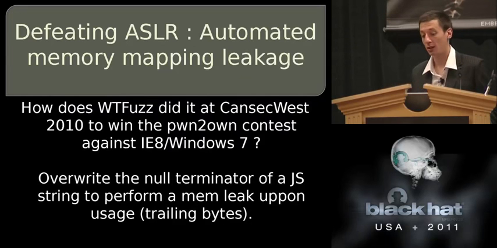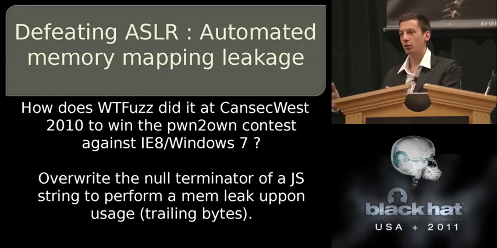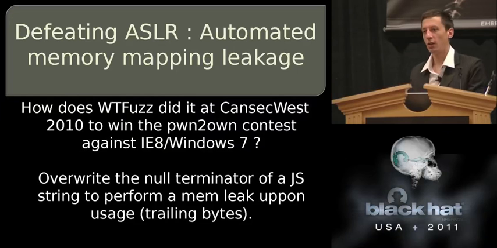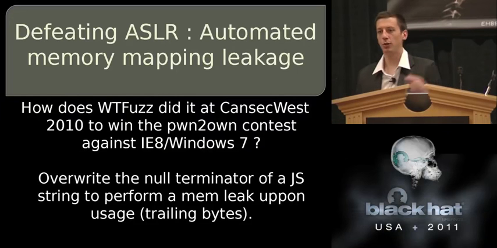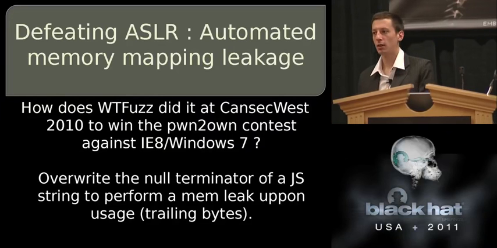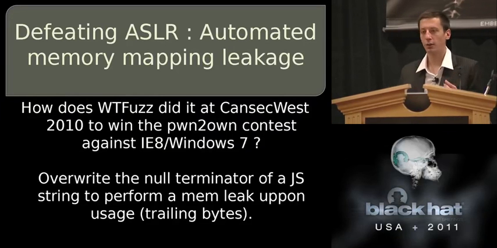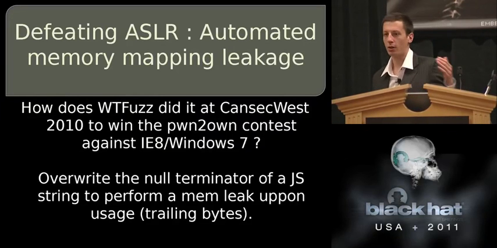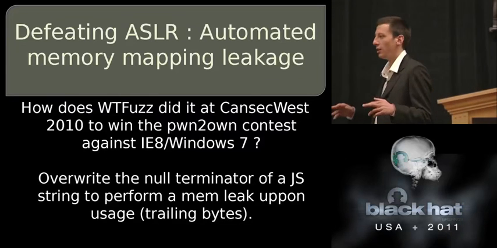So you get to read the few bytes following your normal string. And if this contains a pointer to another memory location, you can read it back, right? And you can deduce what the mapping of your binary is. So, is that okay? You guys get the idea?